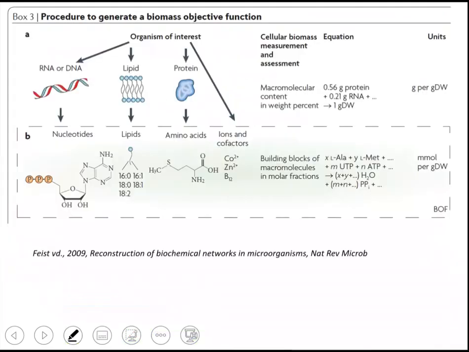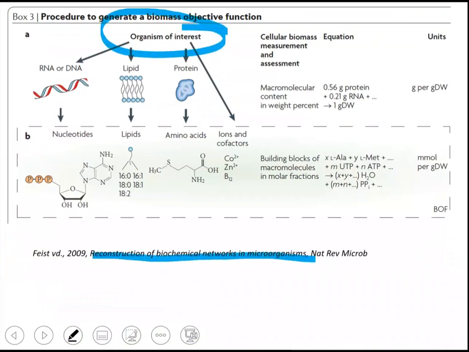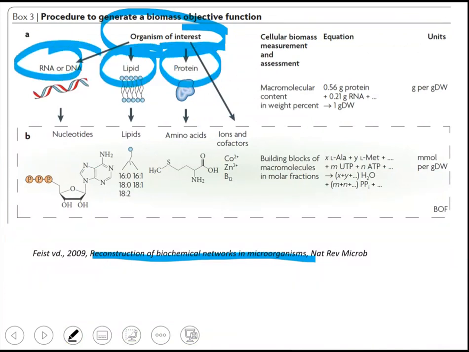So here is a sketch from this paper. We have the organism, we have macromolecules, we also have carbohydrates. It's not put here. So as you see, the biomass formation is written in terms of the relative content of protein, RNA, etc. And then the synthesis of macromolecules from building blocks is separately written as a reaction.